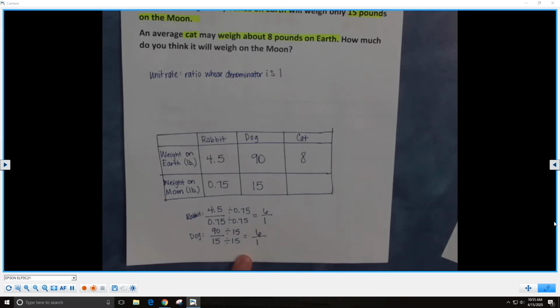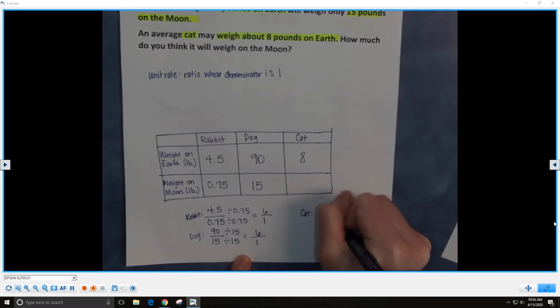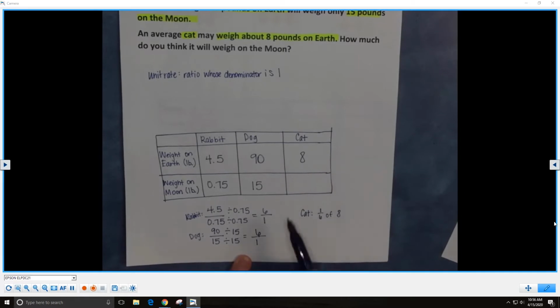So how can we use that to help us determine the cat's weight on the moon? Well, remember that the cat weighs 8 pounds on Earth. So we can find 1/6 of 8, because remember that the object's weight on the moon is 1/6 of the weight on Earth.